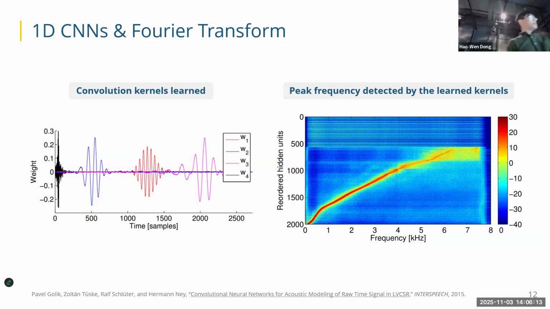So in this paper, they are doing acoustic modeling for raw-type signals in LVCSR. It's a speech recognition task. But anyway, they figured out that these are some of the 1D CNN filters learned by the convolutional neural network.